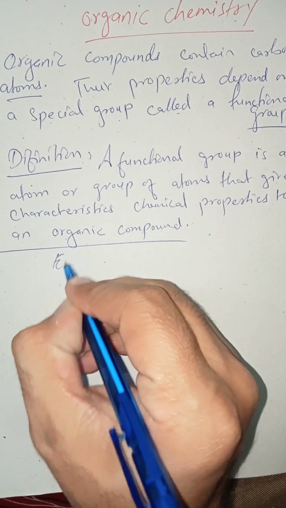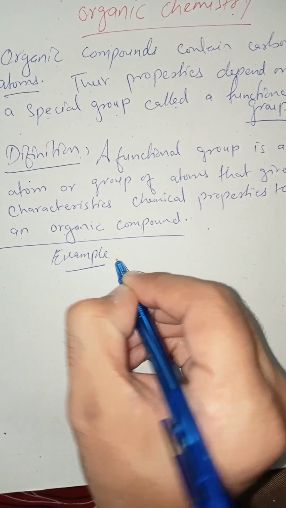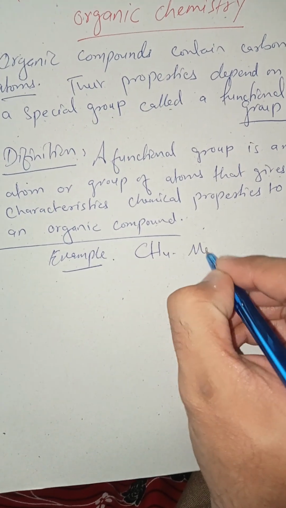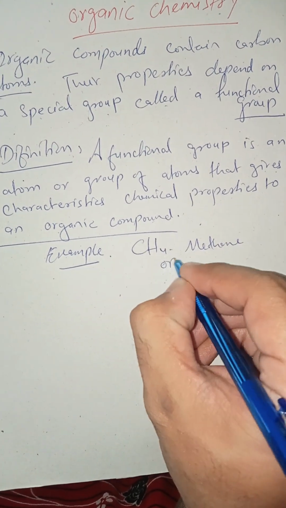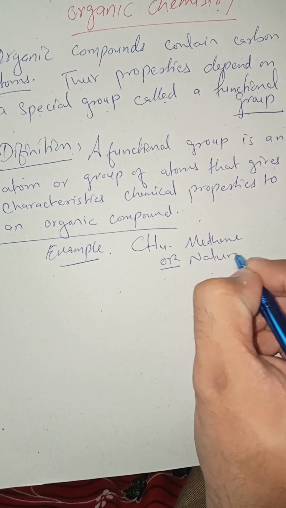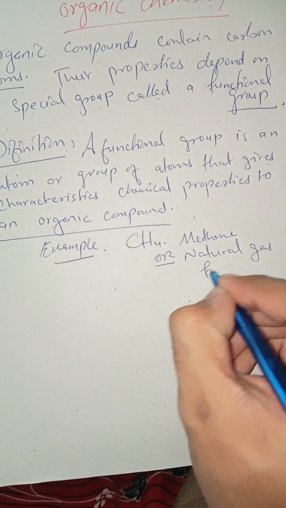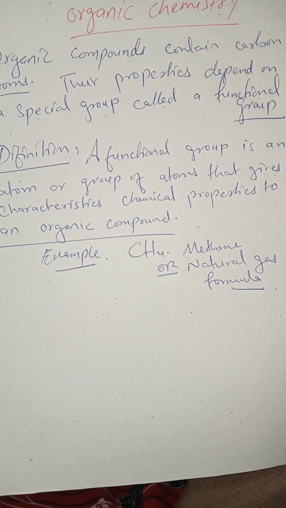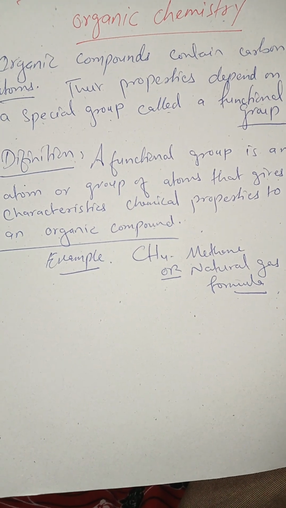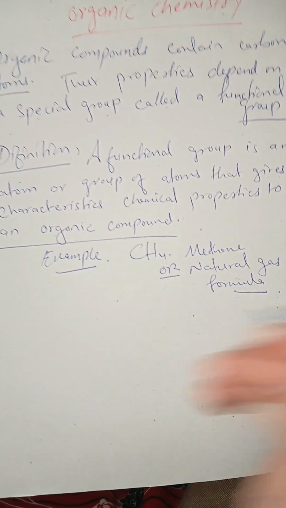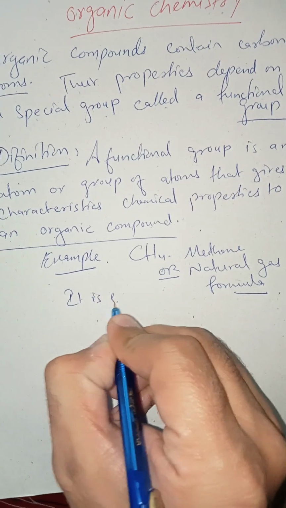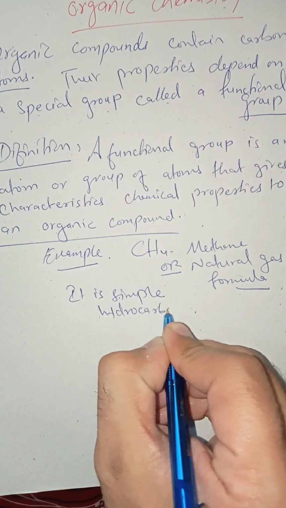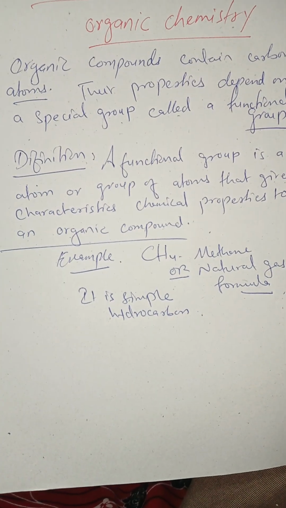We can take an example here. You know that CH4 is methane, or we can say our natural gas formula. It's our natural gas formula, or methane, but there is no functional group. It is a simple hydrocarbon. Got it?